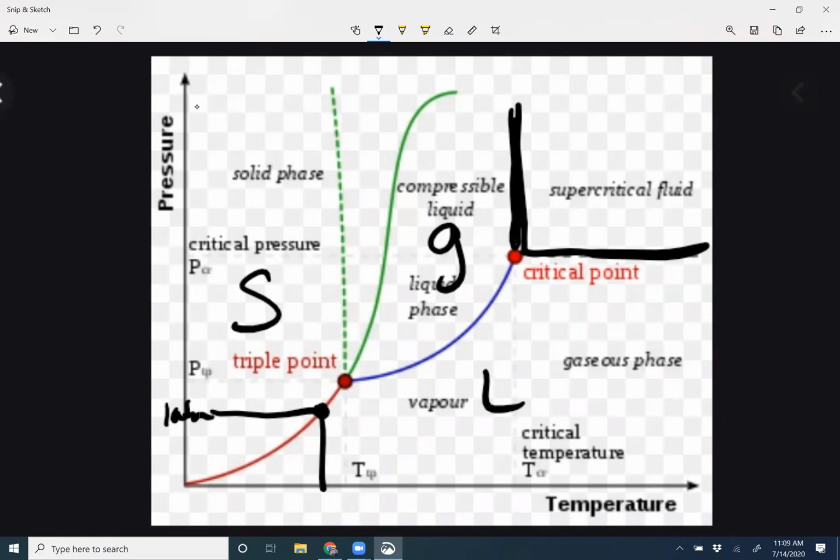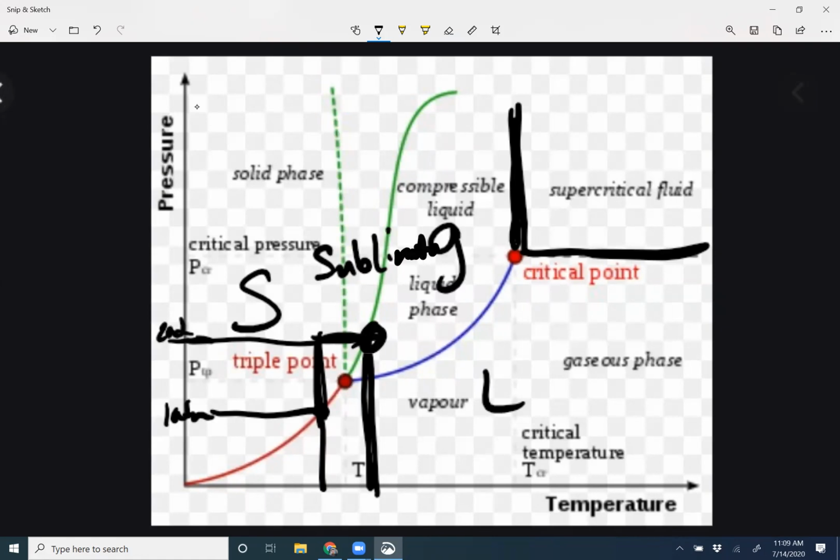But if we increase the pressure a little bit, say to 2 atm, at 0 degrees we stay a solid. And when we finally get to another temperature, I don't really know what it is off this scale, we go into the gas phase first, which is what's called sublimation. So pressure has an effect on phase changes.